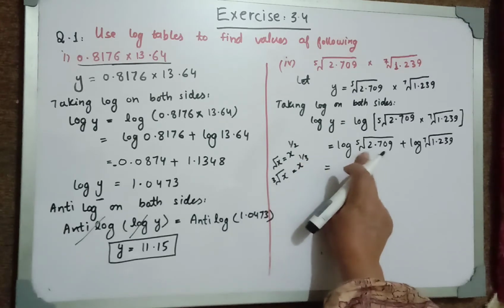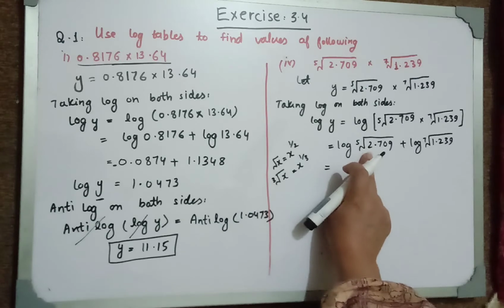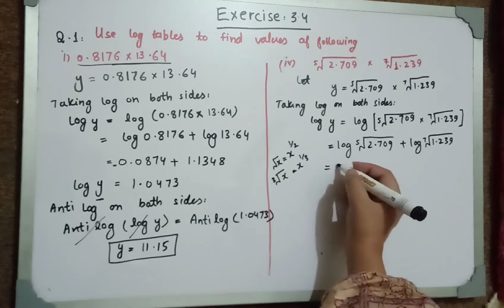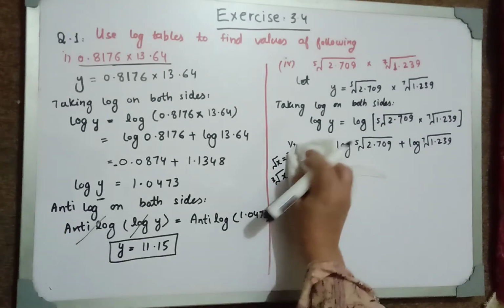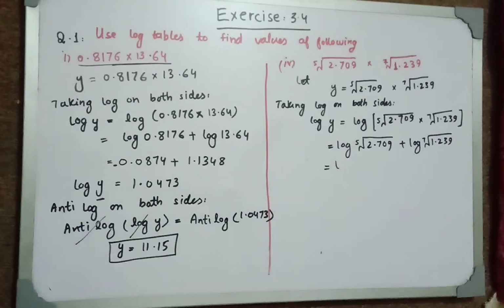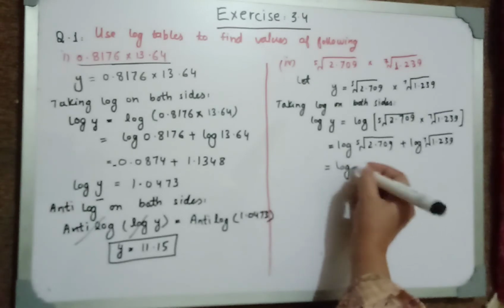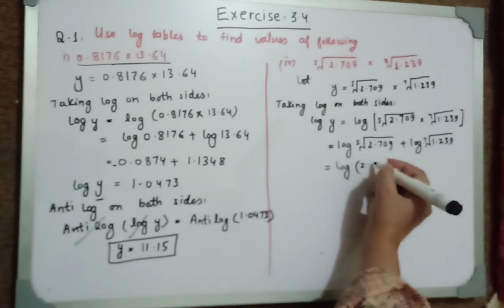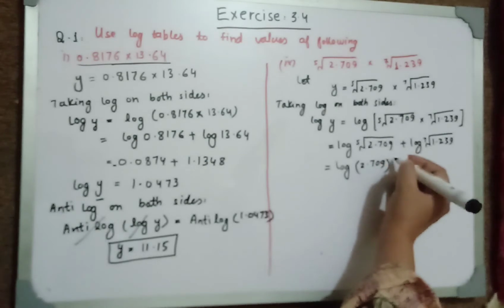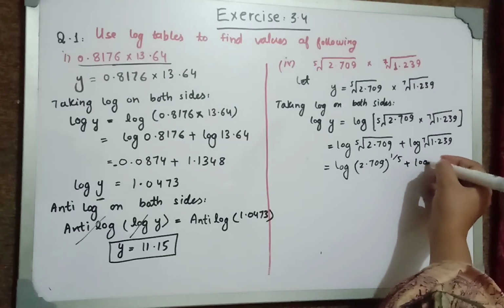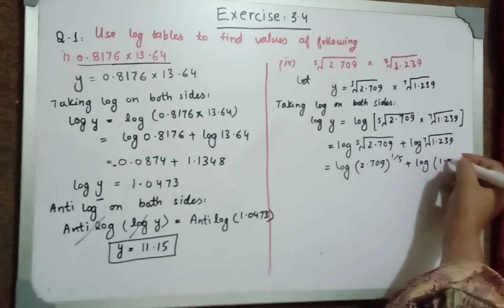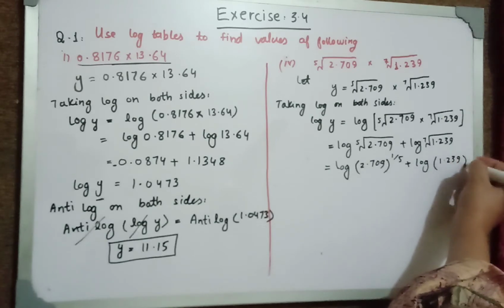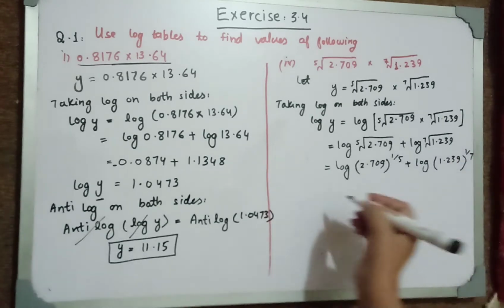Likewise, here the power will be 1 over 5. So let's write it here in the form of power. This number will become 2.709 and its power will be 1 over 5, plus, again I'm going to write this number in the form of power, 1.239 raised to the power 1 over 7, right?